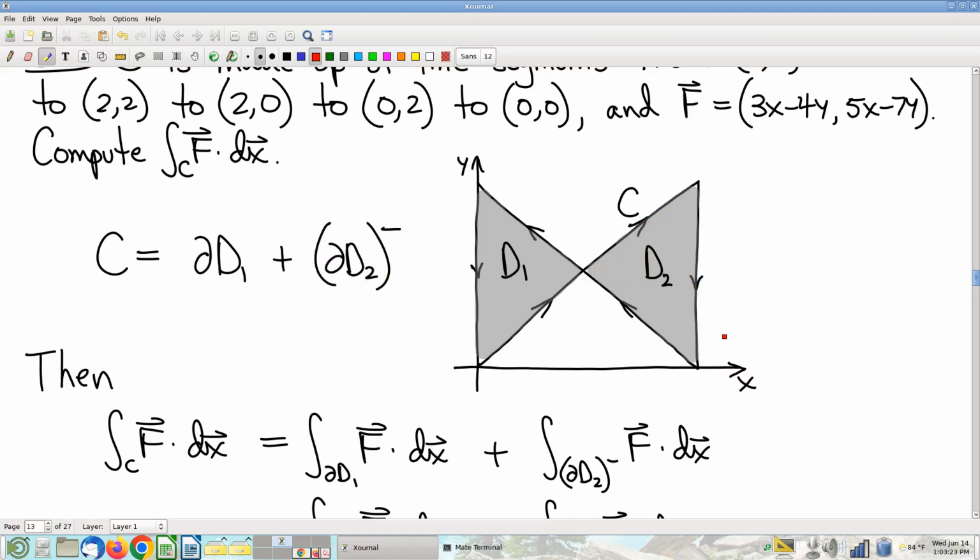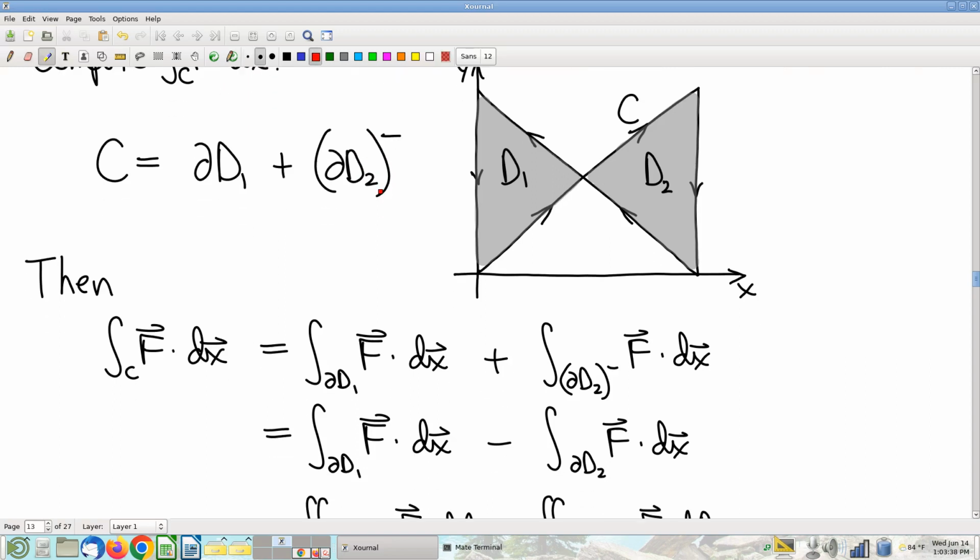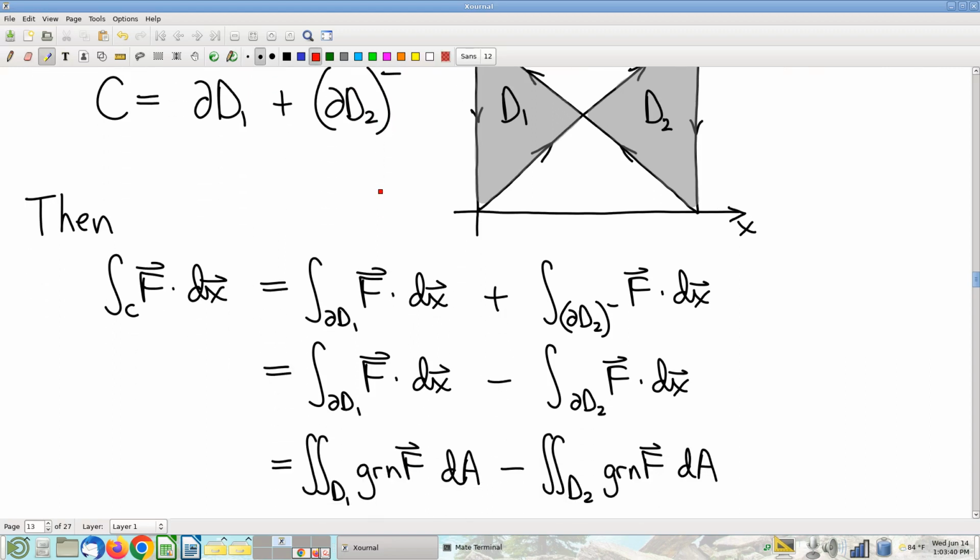Okay, so now is this curve a boundary? Well, kind of. It keeps all the sheep in, right? But there's this issue with orientation that we've got to be mindful about. So what I'm going to do is take the integral that I was asked to compute and break it up into 2 chunks, this chunk here and this chunk here.